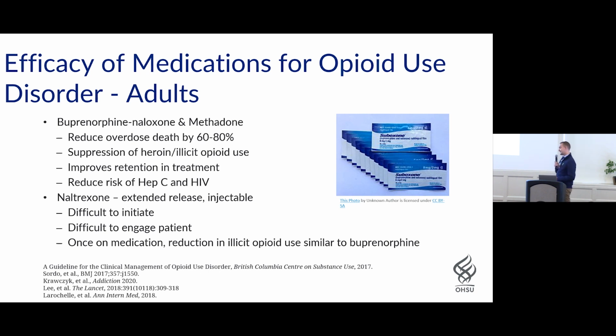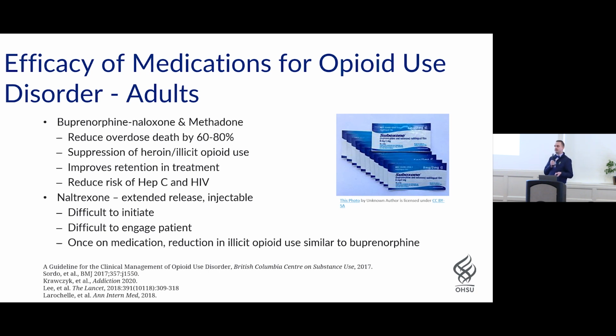There's also some data coming out showing that overdose risk after naltrexone is actually higher than it would have been if they never started naltrexone. And think about that a little bit, right? If you have someone who's on naltrexone for a month, they've not been using opioids for a month, that means all their opioid receptors have been blocked by something that won't allow anything else to activate those receptors for a month.